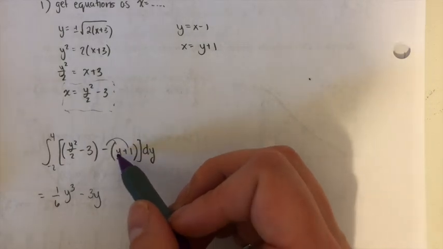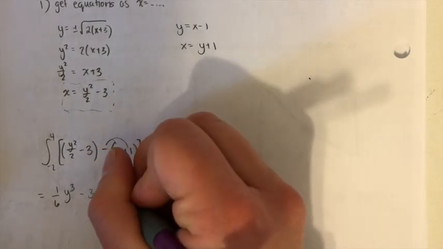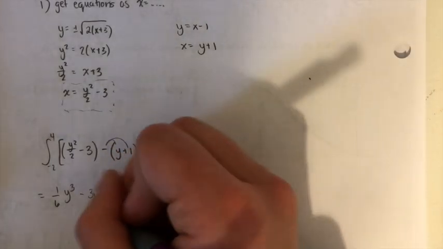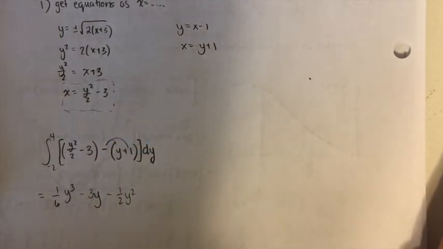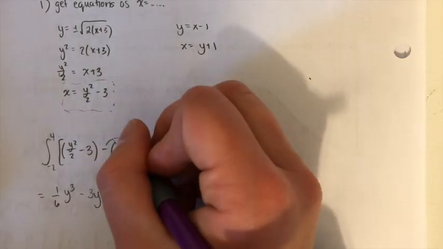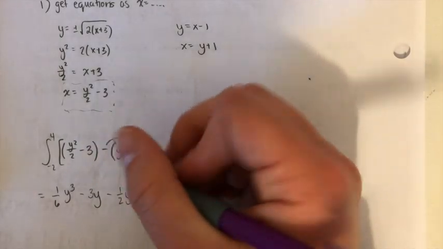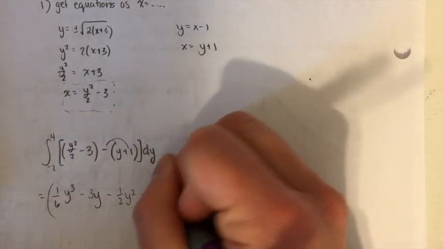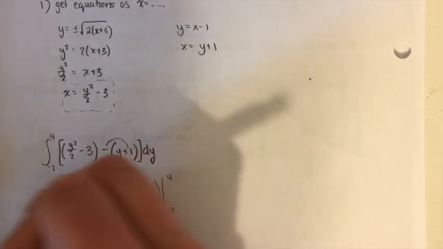So we're integrating -y, so it's going to be negative y squared, and there must have been a 1/2 for that 2 to come and multiply with. And then we've got -1, so that would just be a -y. And we're going to evaluate all of that from -2 to 4.